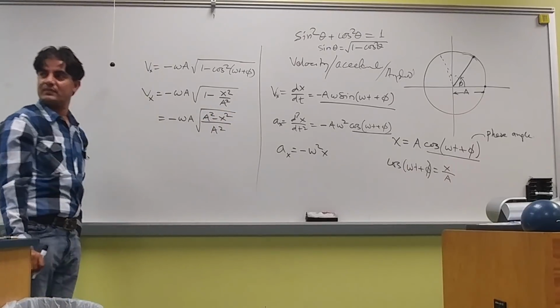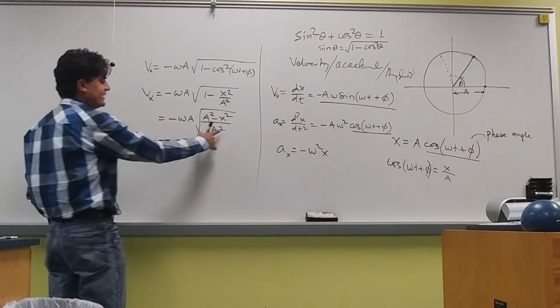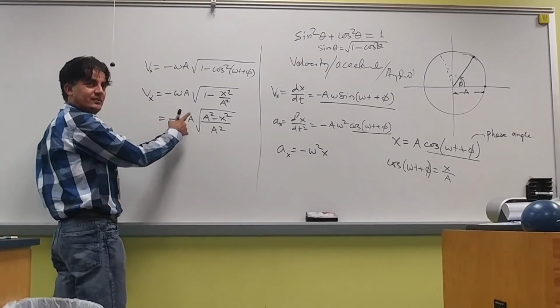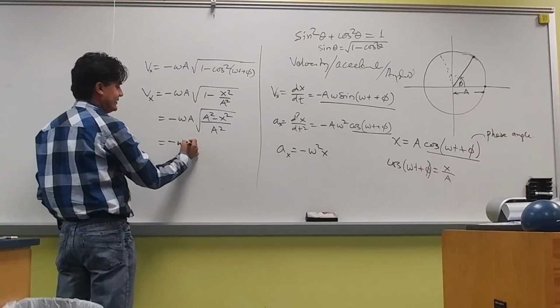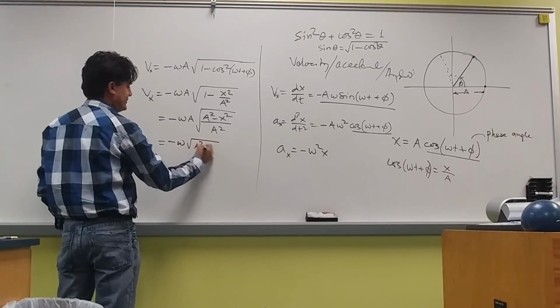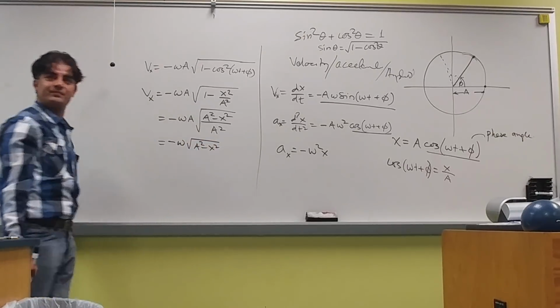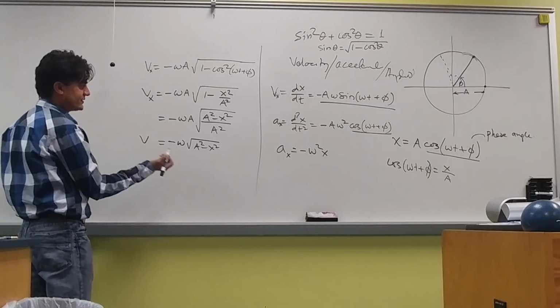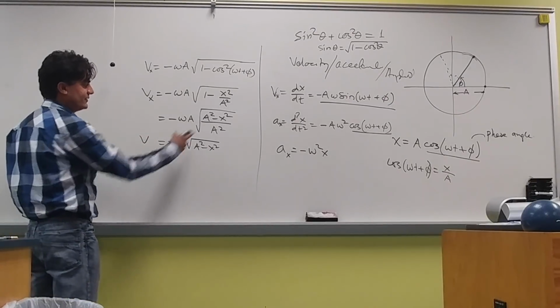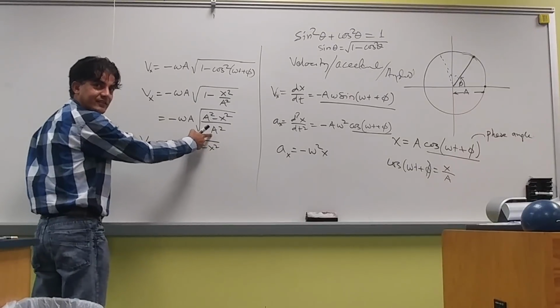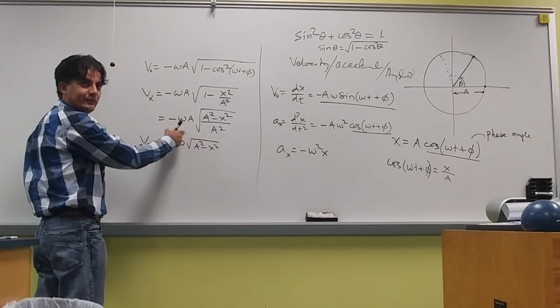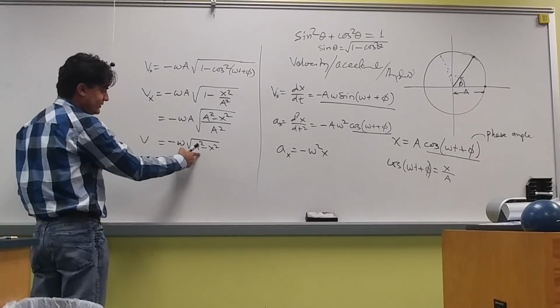Is that right? So this a square comes out and cancels, so this will be minus omega times the square root of a square minus x square. That's it. So you have only this.